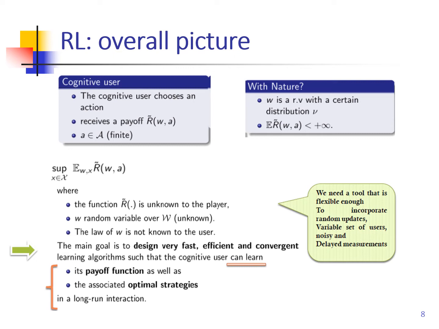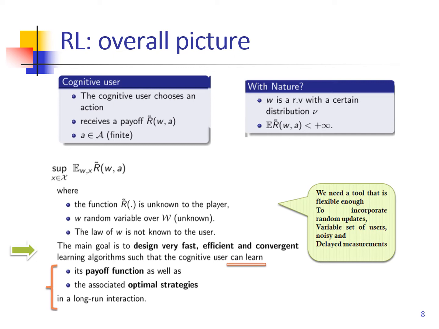Now this utility here, or payoff R tilde (W, A), is essentially unknown to the player, because this utility will depend not only on the agent's observation, but also on other agents. So here you'll see an interaction between all the agents.